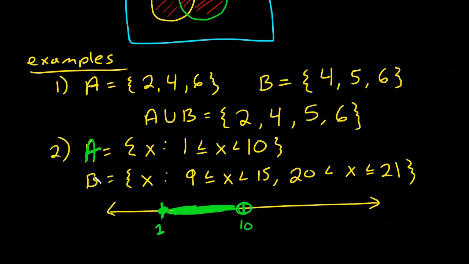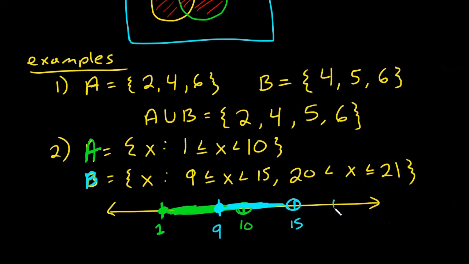If I use blue for B, B starts at 9. So here's 9, solid dot at 9. And I go all the way until I get to 15, where I have a hollow dot. B goes from here to here.